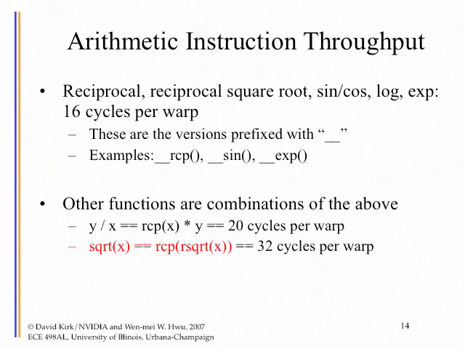But I don't claim I'm an expert in that stuff. So in order to do a real square root, you actually need to take the reciprocal of the reciprocal square root. So that takes 32 cycles per warp. Okay?